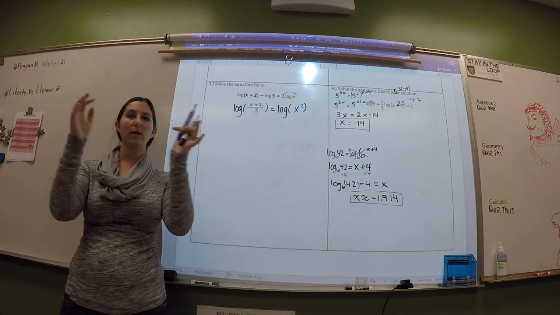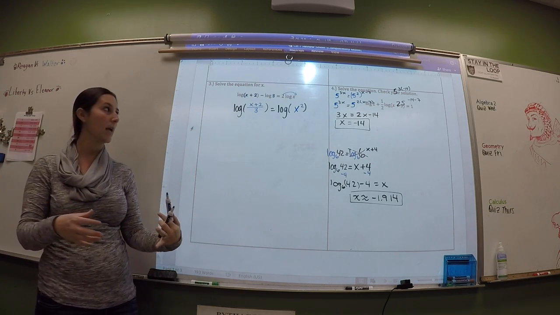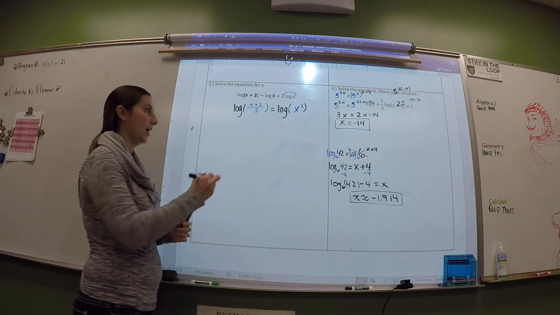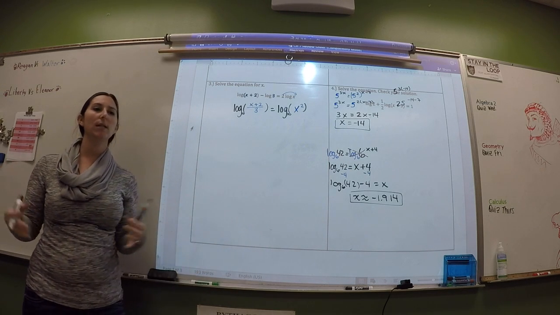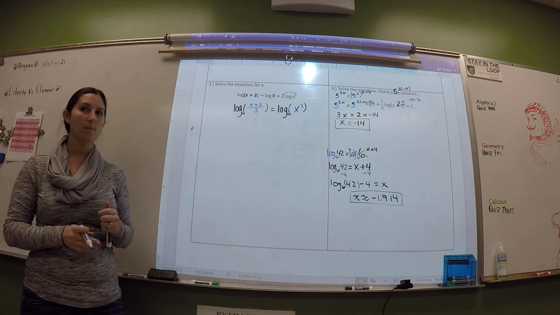You don't want multiple things. So you're condensing all the way. Now, what is the base if you don't see it? 10. So I'm just going to put a 10 there so you remember that that's base 10. Once you condense, then you have to somehow get rid of the logarithms. Put a base of 10.